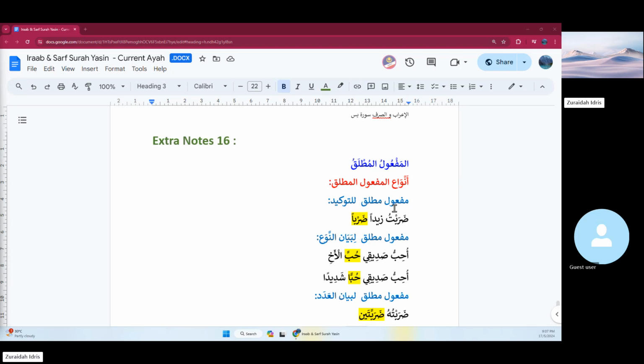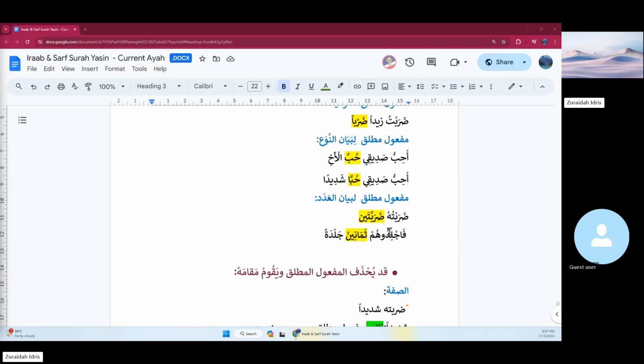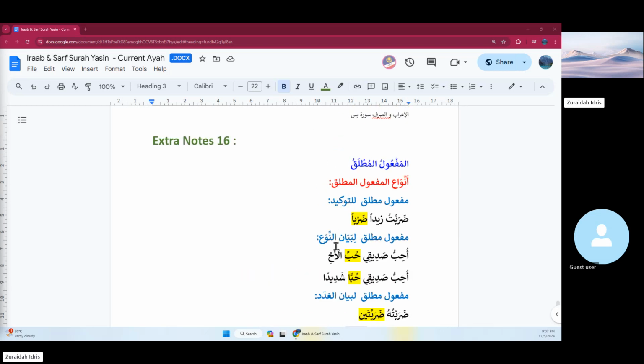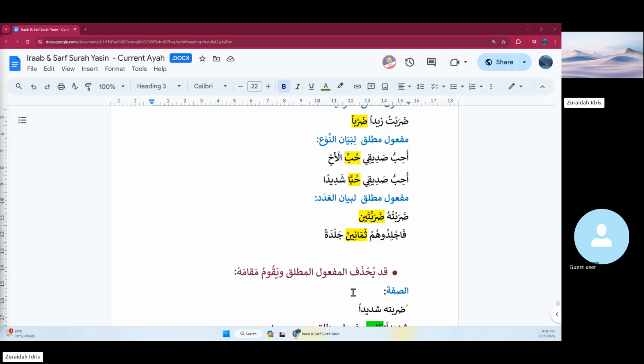When we use it for emphasis; when we use it to clarify something, as a descriptor that describes an action; and here it's li bayan al-adad, meaning that it tells you more about the number. So this is emphasis, this is to describe something more, and this is to clarify the number of times that the action was done.